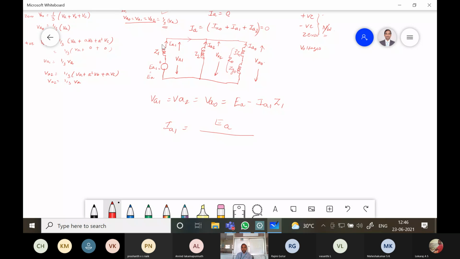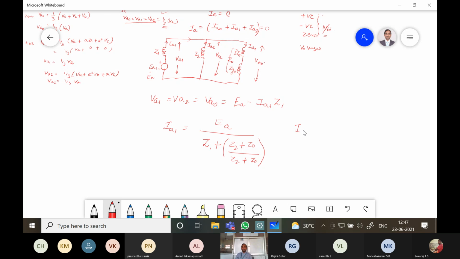So suppose you want to calculate this IA1, this is equal to EA divided by Z1 plus, Z1 in series with the parallel combination of Z2 and Z0. Therefore the parallel combination is Z2 into Z0 divided by Z2 plus Z0. Okay, this is called IA1.